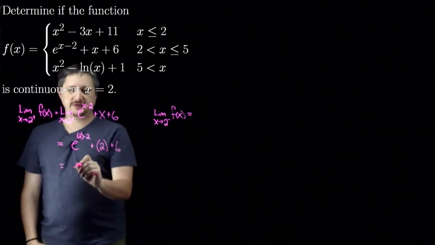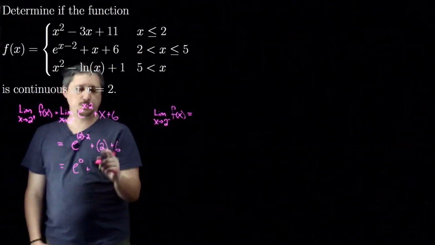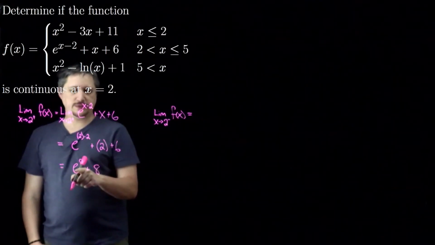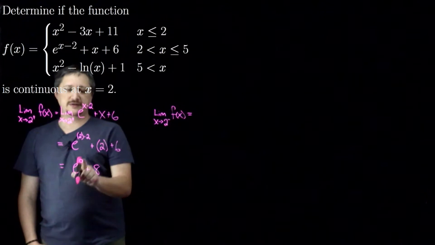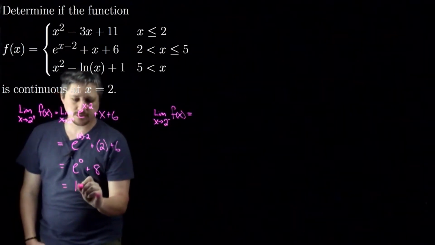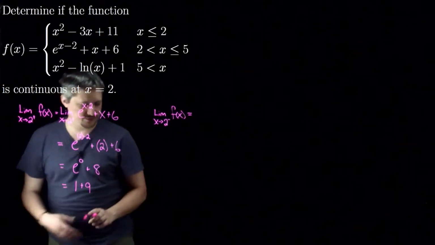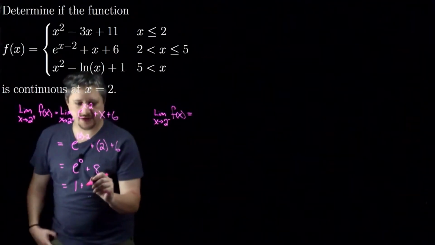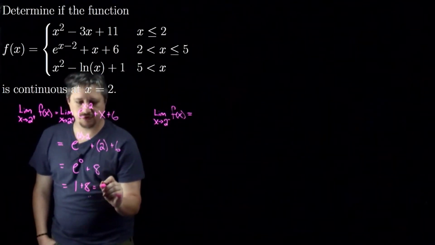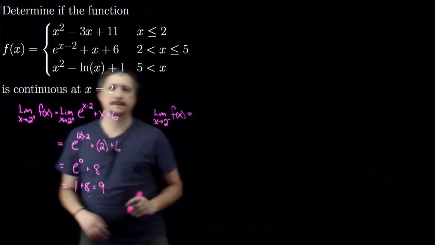So this is e to the 0 plus 8. And remember, e to the 0 is 1. So this is 1 plus 8, which is really 9. Okay.